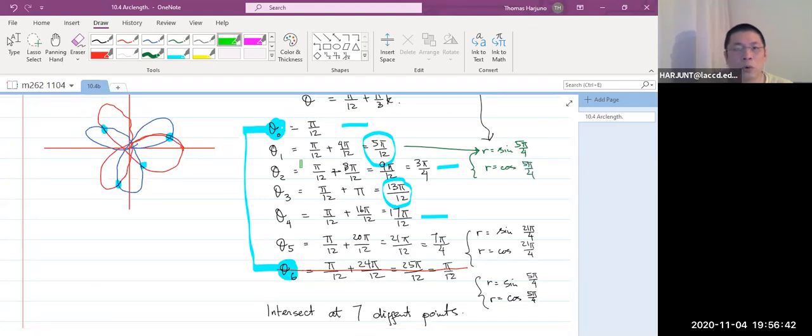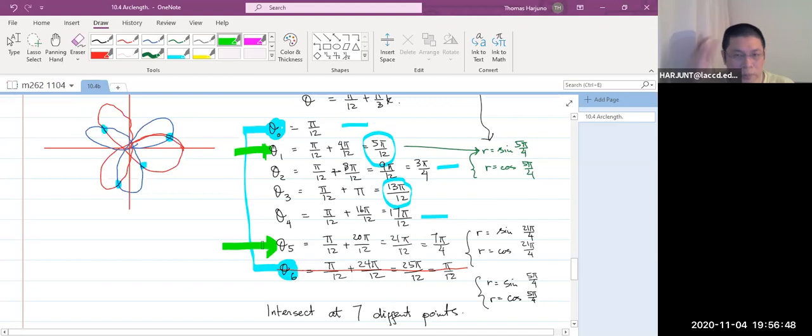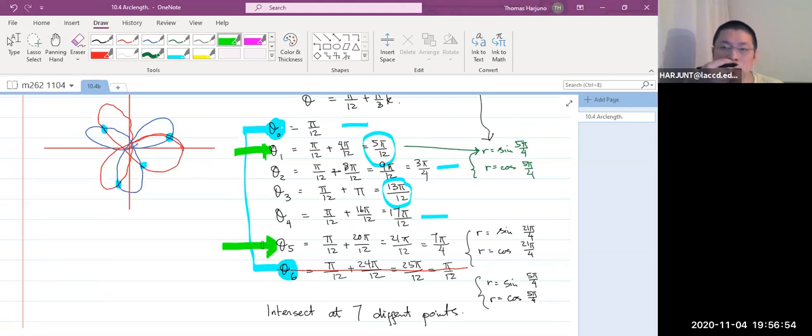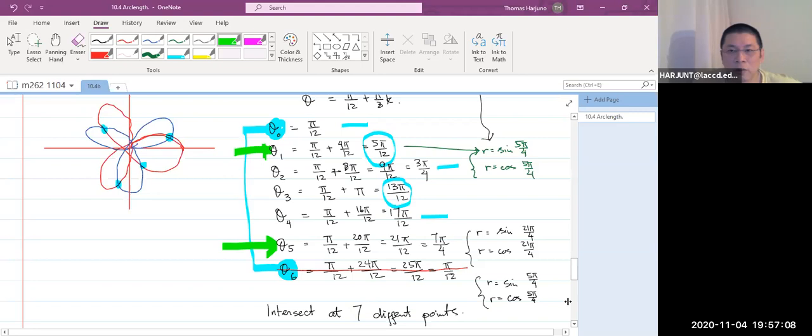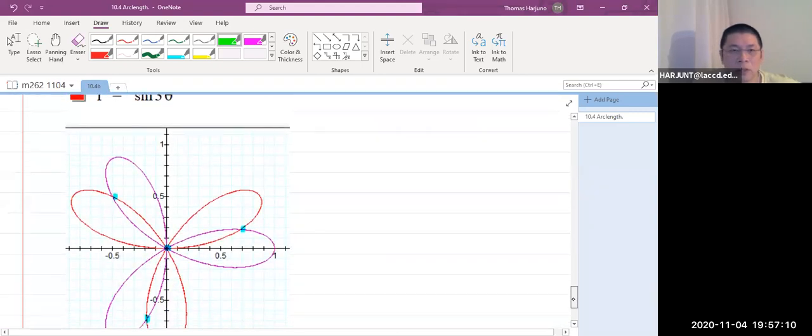So the coordinate for this will coincide with the coordinate for this. At 5 pi over 12, I don't see it here though.